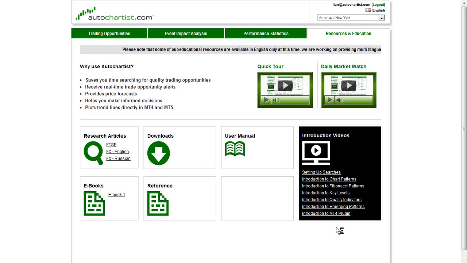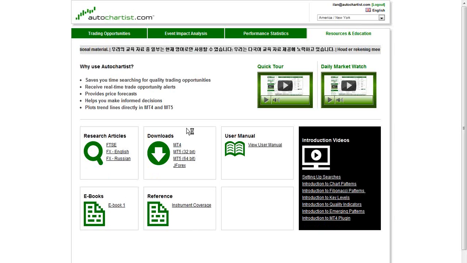So right now this material is in English, but we are looking at translating it into a few other languages, but that's obviously, as you may appreciate, a very long process, but that's in the process of happening as we speak. So this is a very interesting section for you. Please visit it. It gives you all the information you need. There's downloads for your MetaTrader 4, MetaTrader 5, lots of different downloads, and the user manual.